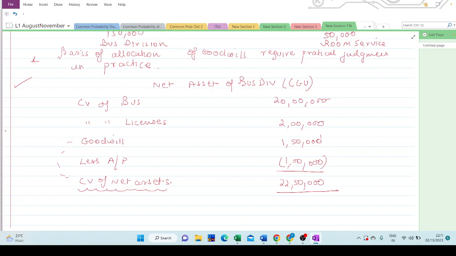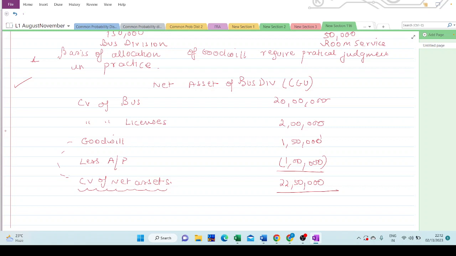So since expected synergies were not realized, the fair value of the bus division, not the fair value of the net assets of the bus division, went below its carrying value.